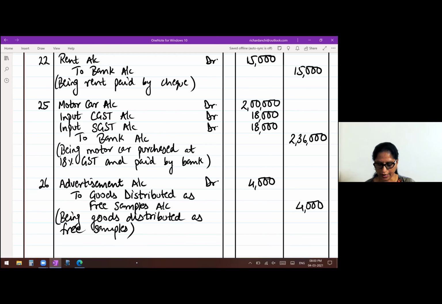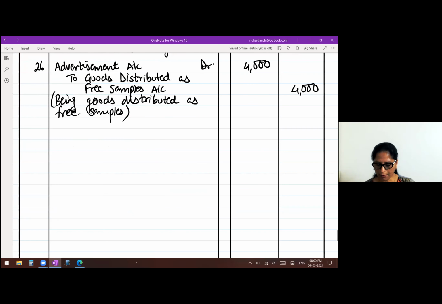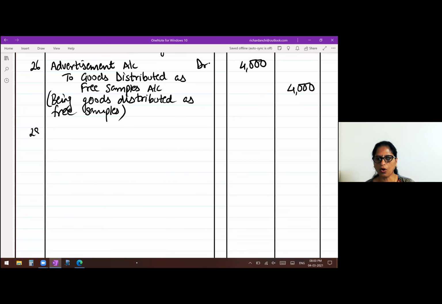Okay, 28. Purchase goods from Amit, rupees 60,000 on credit. When they say on credit, remember you have to write the name of that person. You are purchasing. So two accounts involved, purchases account and Amit's account. Purchases, you know, is debit expense.